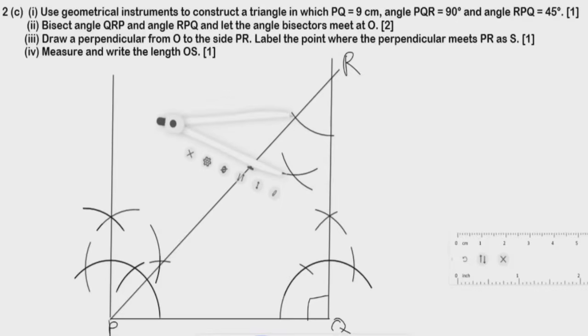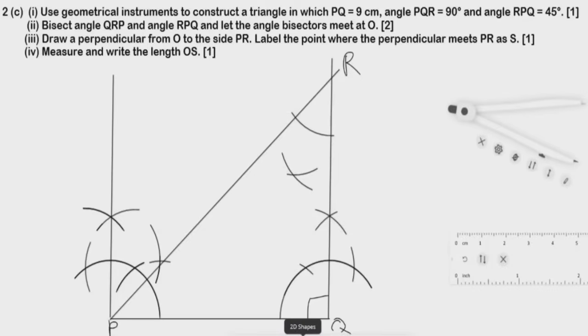Like that. Okay, so now I'm going to put my compass this side, and then the next thing I'm going to do is draw a line that starts from this point R going through, like that.